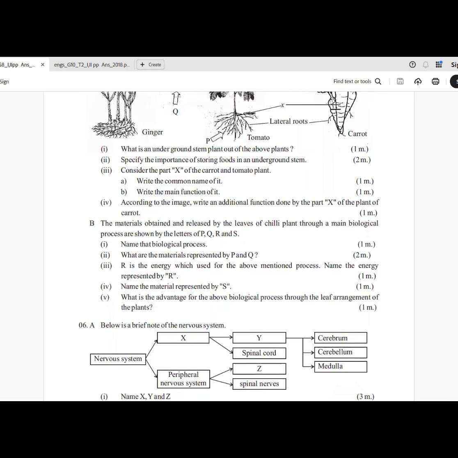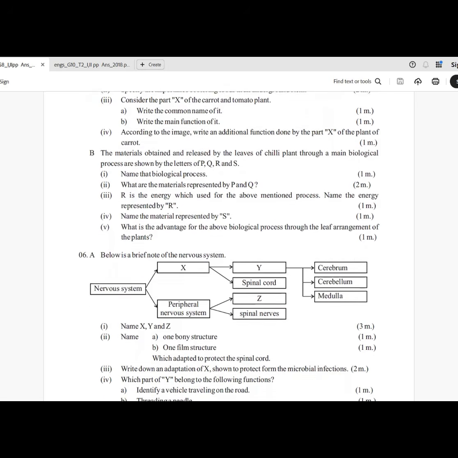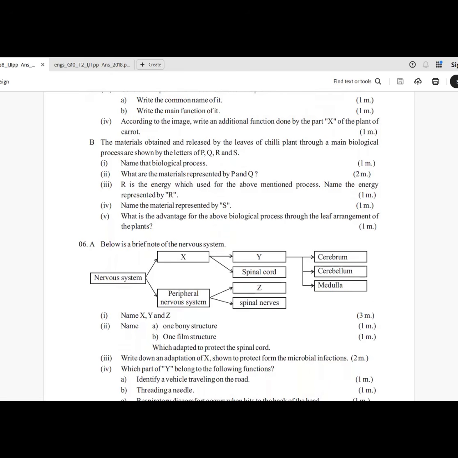The materials obtained and released by the leaves of chili plant through the main biological process are shown by the letters P, Q, R and S. Name the biological process. What are the materials represented by P and Q? P water, Q carbon dioxide.